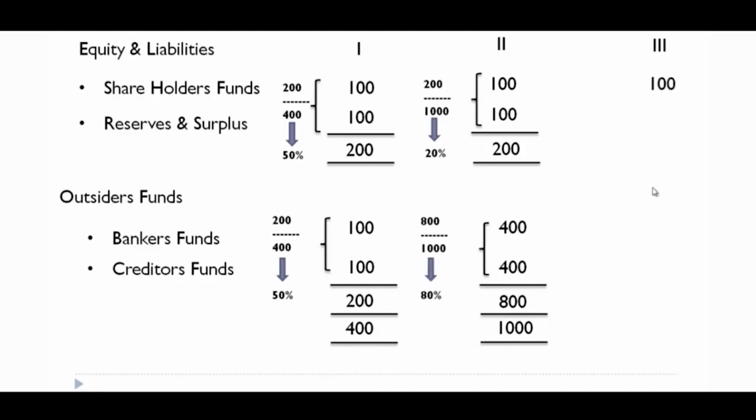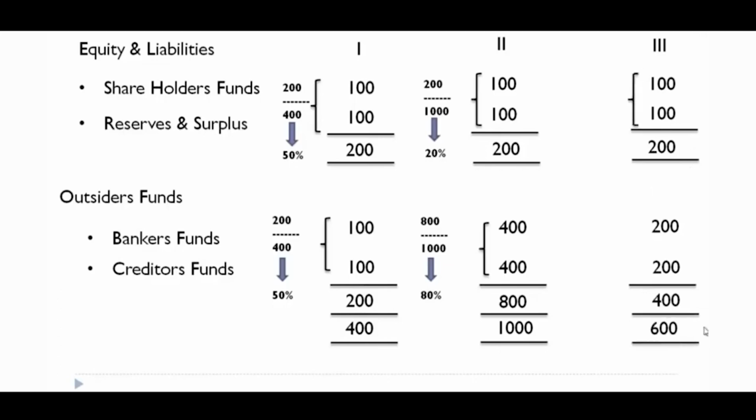The shareholder funds, that is share capital, is 100, reserves and surplus is 100, so total is 200. Whereas the banker funds are 200, creditors funds 200, total outsiders funds are 400, and total liability is 600. How is it? 200 plus 400, 600. See, now this 100 plus 100 is the shareholder funds, which is 200 out of 600.